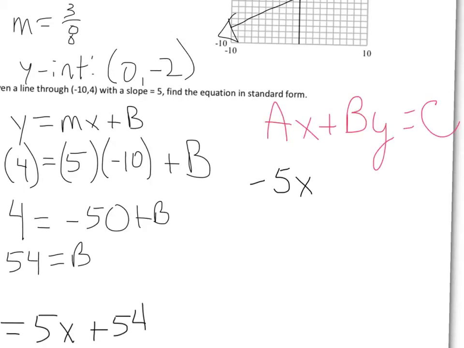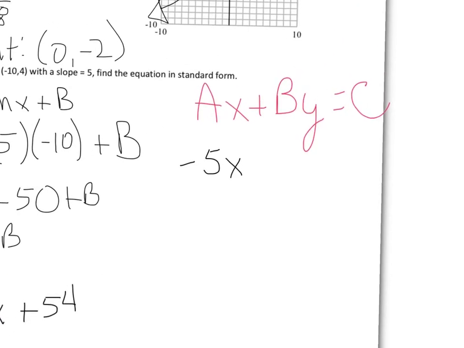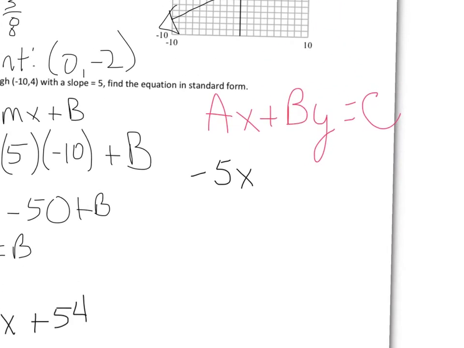So we subtract 5x, and then we have plus y equals 54. Now note, a, b, and c are all integers. Even though a is not positive, I'm fine with you keeping it as negative.